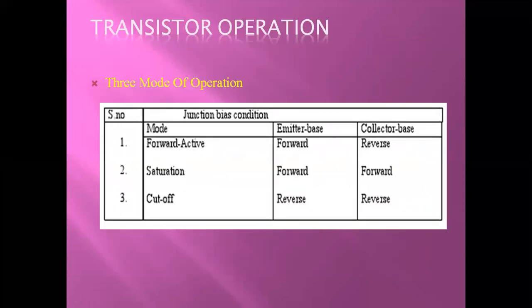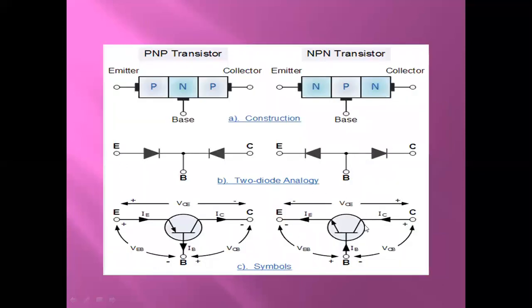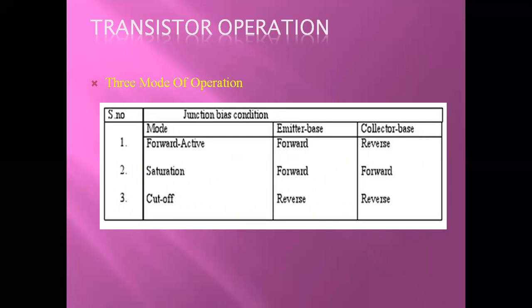In the case of the cutoff mode, both junctions will be in reverse bias. So this is the cutoff mode, and moving to the reverse, the current flows from collector to base and from base to emitter. So for NPN and PNP, the nomenclature clearly specifies that the three modes of operation are carried out based upon the junction bias conditions, that is P type, N type, P type, or N type, P type, N type.